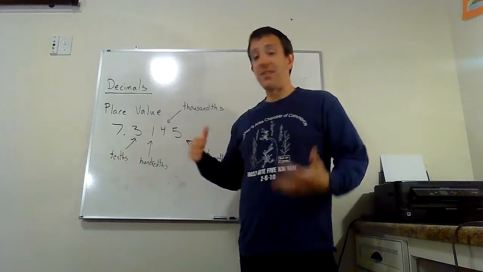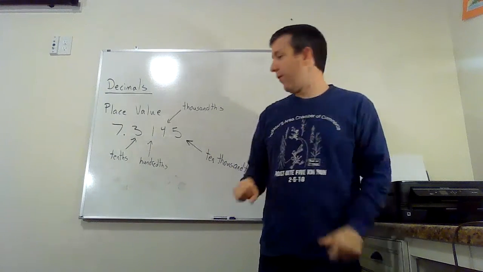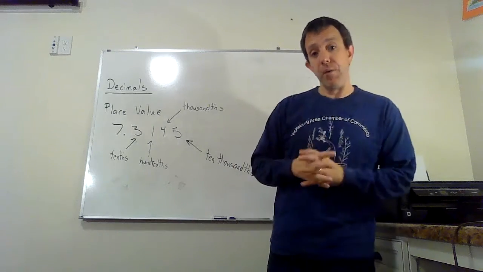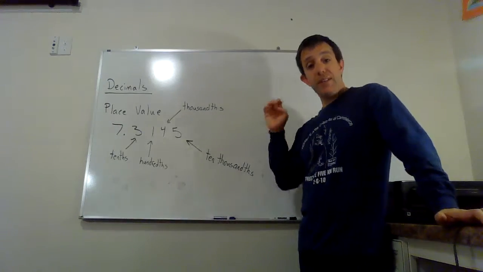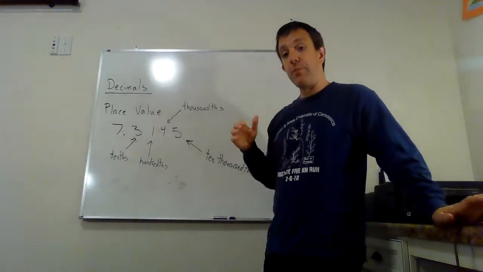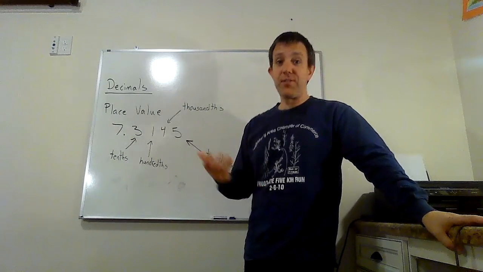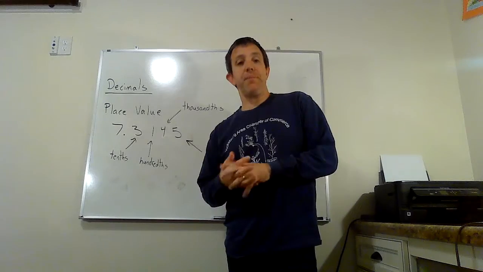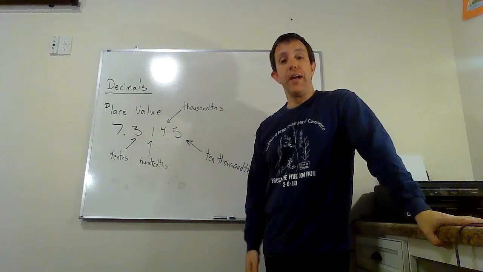So the tenths place says it takes 10 to make a whole. Hundredths place says it takes 100 to make a whole, and so forth. We can continue this out using the same sort of places. The next one would be hundred thousandths, and then millionths, and 10 millionths, and 100 millionths. We just keep adding that th to the end, and it all works.